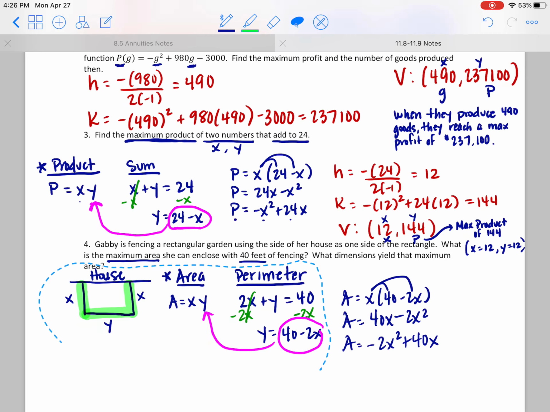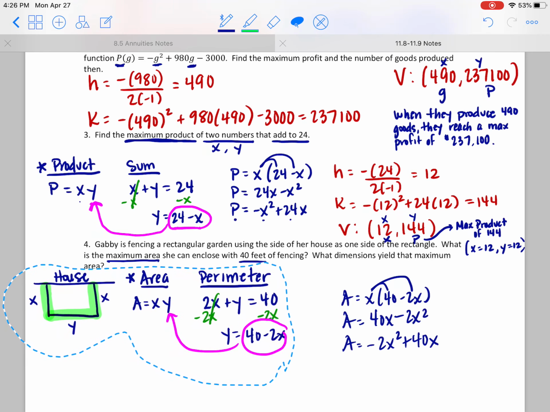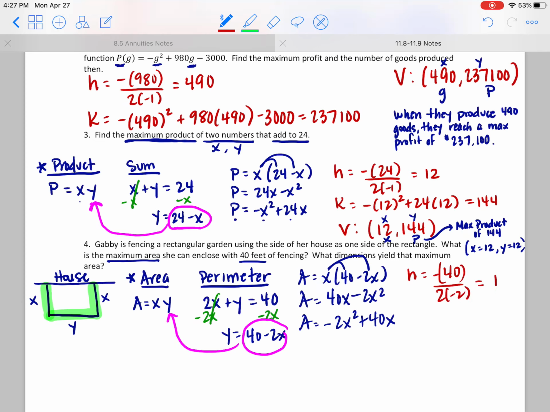So we have a negative 2x squared and a positive 40x. Now we can find our vertex, and again, I've cut myself short on space. So let me move all this over as much as I can. Bear with me here, people. And then let me move this over.